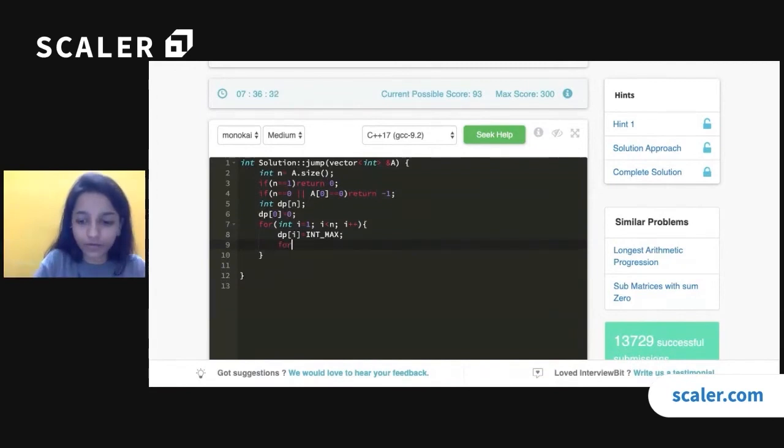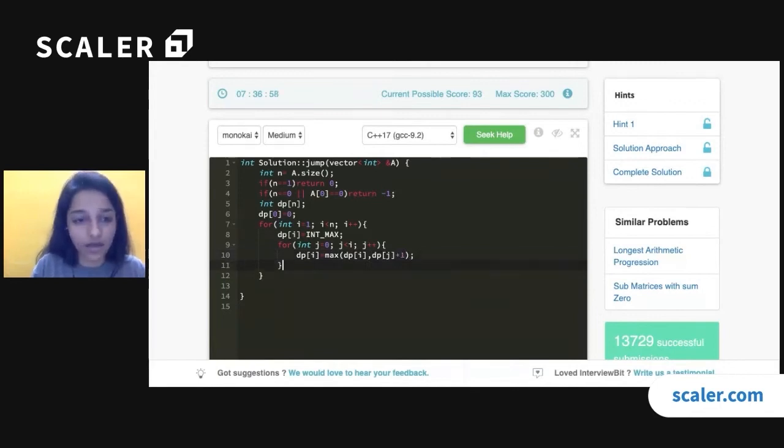Now we have to run our second for loop, int j equal to 0 till j is less than i, j plus plus. Then if we can reach i from j, dp of i is equal to the minimum of dp of i, comma, dp of j plus 1.